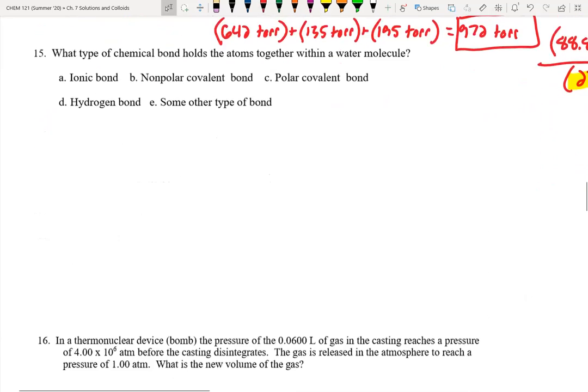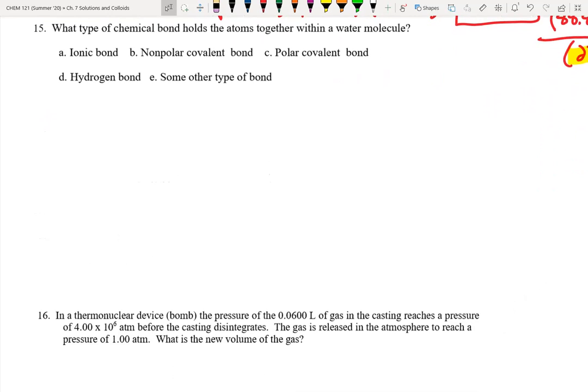All right, and number 15 is more related to chapter 4, so we can probably skip that one. But it's important to remember that a water molecule, we draw it out, its Lewis structure looks like this. It's not ionic, right? So I go ahead and say it's not an ionic bond. What holds together the atoms within the water molecule?